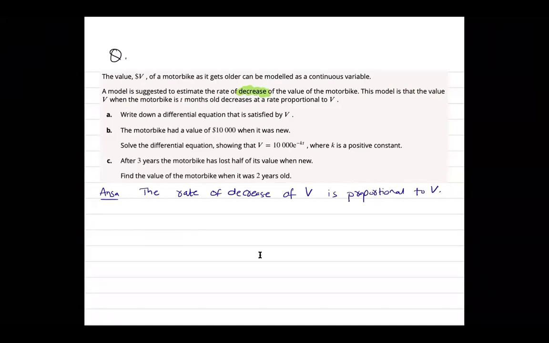The rate of decrease of V means dV by dt is proportional to V. And when you remove this proportionality sign, you will have to apply the constant. But because it is the rate of decrease, it should be negative.